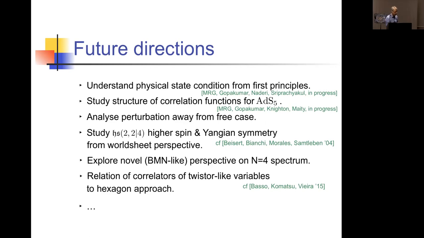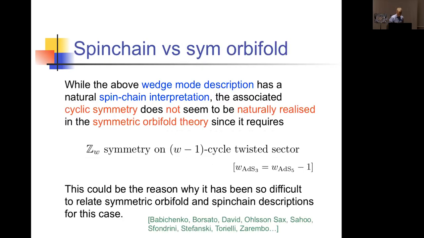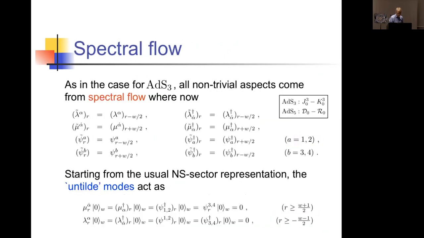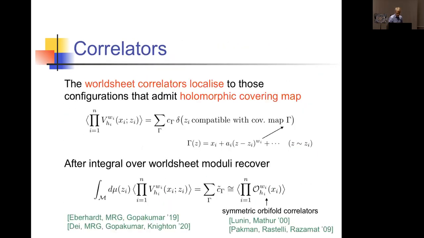In fact, for the case of AdS3, this localization property we first analyzed on the sphere, but then subsequently Lorenz Eberhardt did it for higher genus surfaces, and my student Bob Knighton did it in the free field description for higher genus surfaces. So this is something that, I mean, higher genus CFT is something people normally just say go away, but because this is such a free theory, there is actually a chance to prove this. And in particular, this localization property seems to also work at higher genus.